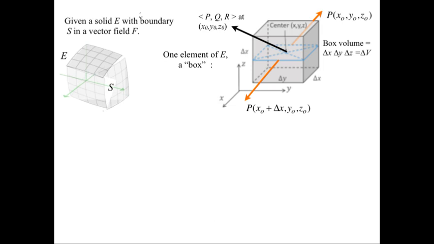Okay, and let's look at the P component of that vector. And in fact, the change in the P component from the back to the front. So what changes? The x component changes by the amount delta x from here to here.